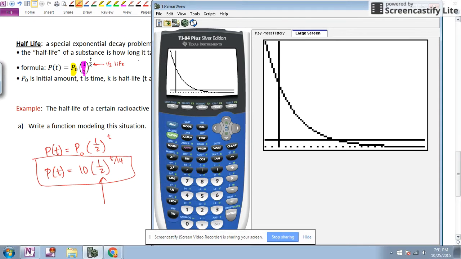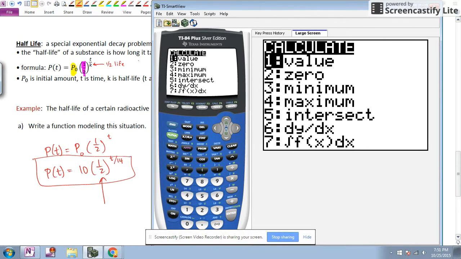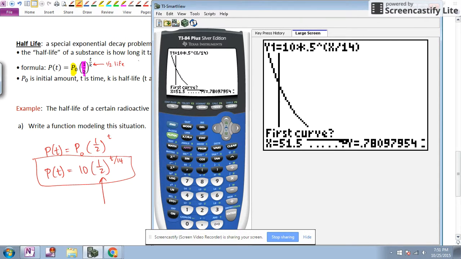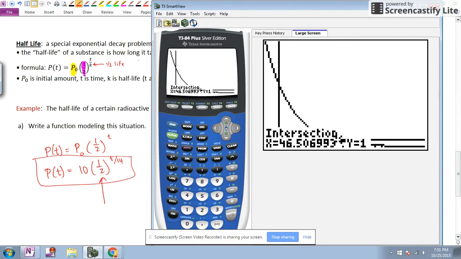I can see the intersection is right about here somewhere. So second, calculate, and I would like you to find the intersection. Do the first curve, yes, and the second curve, yes. I can cursor over to where I think the intersection is, right about there at 44, and it's actually at 46.51.